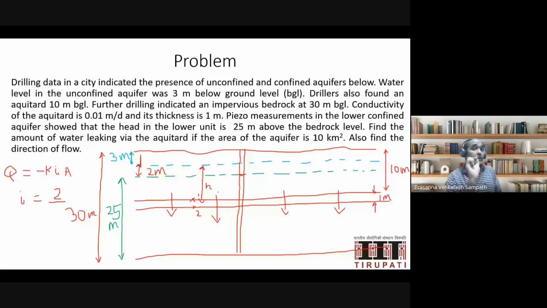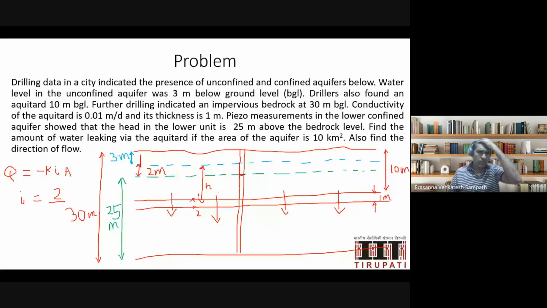No, the total head at point 1 is the pressure head at point 1 plus the elevation head. Now for the elevation head, we can use the bottom bedrock as the reference point, and then what would it be? It would be 10. How much would it be?